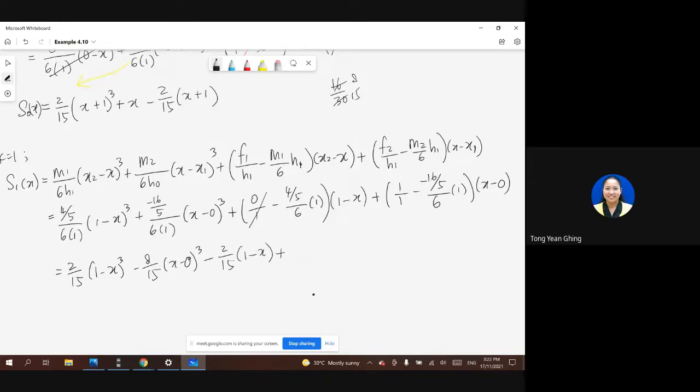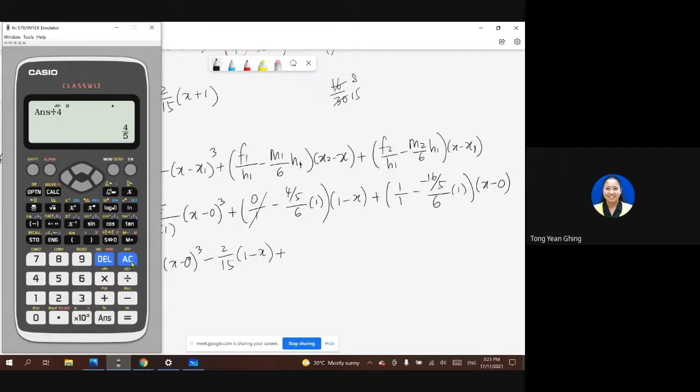So this one is 1 minus 8 over 15. Is it? 15 minus 8. Not 15 minus. How much do we get here? Can I just use this one, 1 minus, become positive already. Plus this just now is 8 over 15. Okay. Sorry.